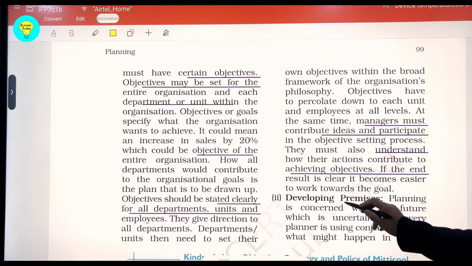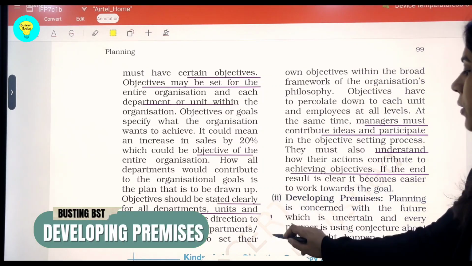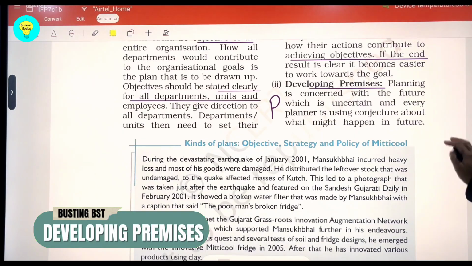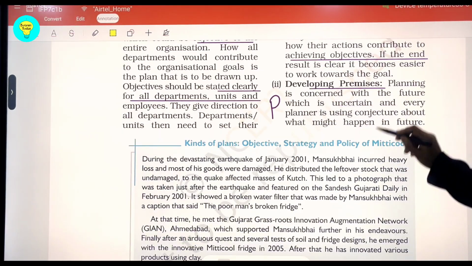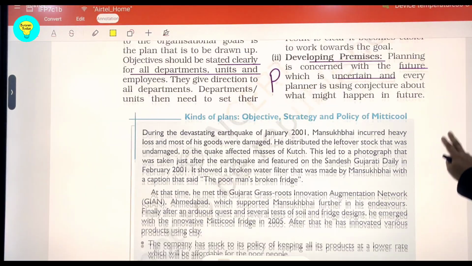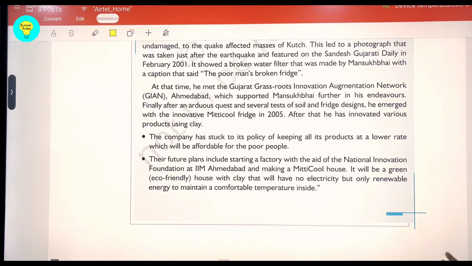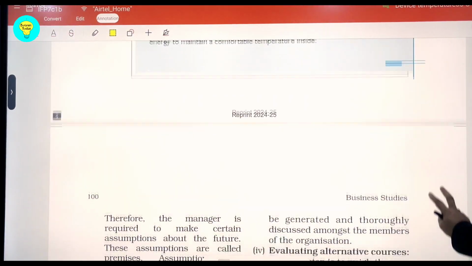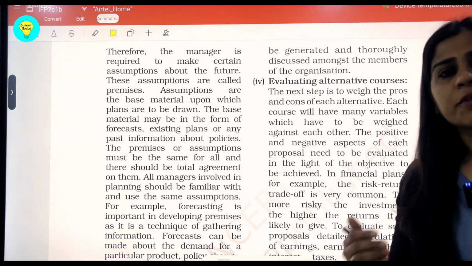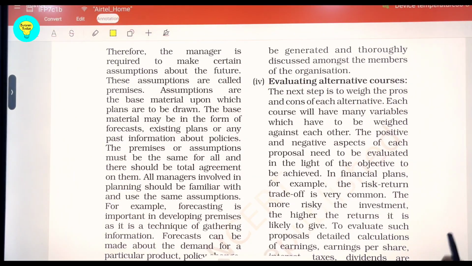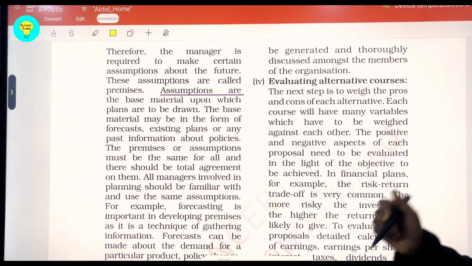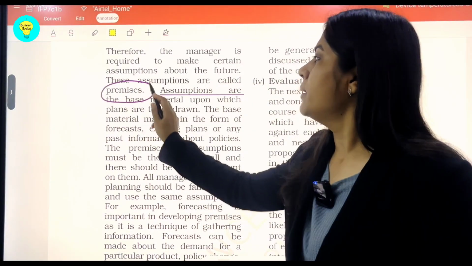So the next in line is P, standing for planning premises. Now students, as we have talked about, the future is highly uncertain and we are completely not able to predict what can happen in the coming time. So if we are planning for a process that has not yet happened and in due course of time will appear, we have to make some assumptions regarding the future, and these assumptions are nothing but the planning premises.